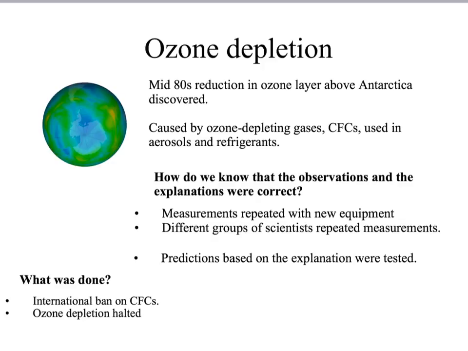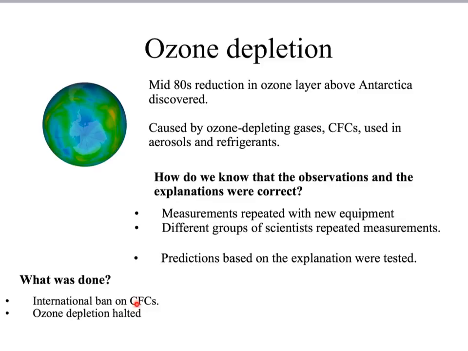The discovery resulted in an international ban on CFCs. It involved global cooperation because 1 or 2 countries acting in isolation would not have the necessary effect on reducing the amount of CFCs used and halting ozone depletion.